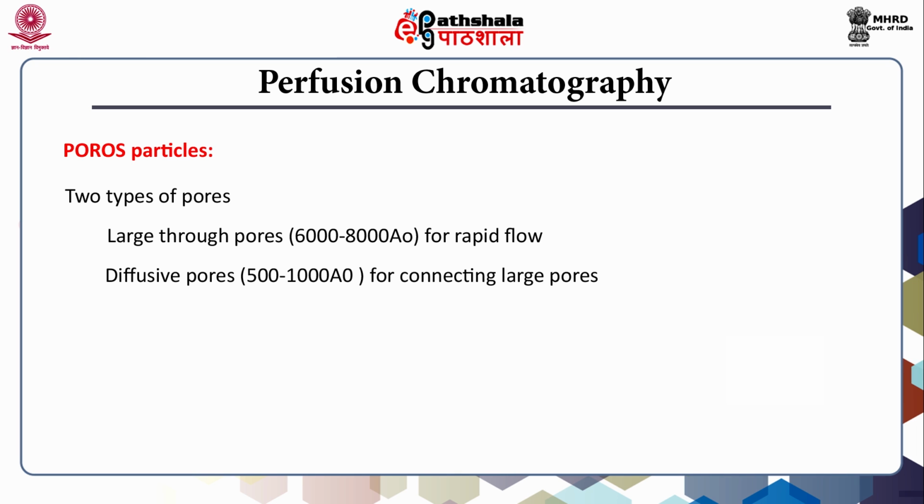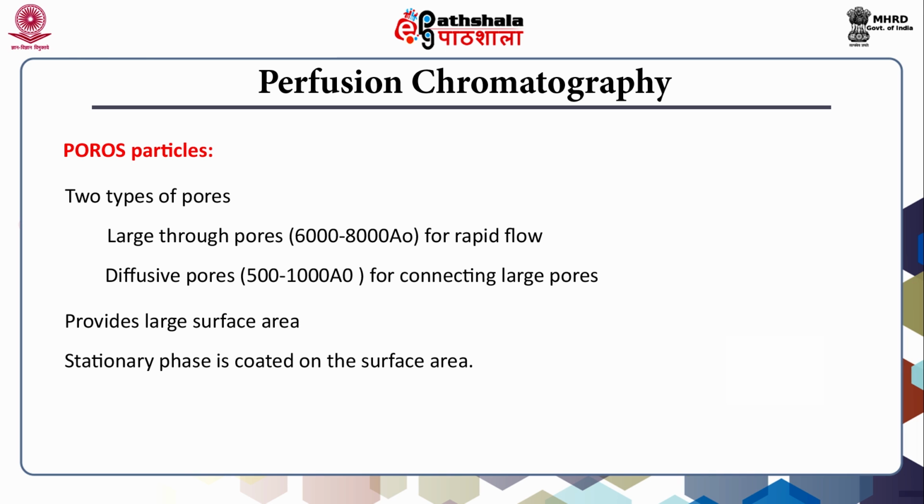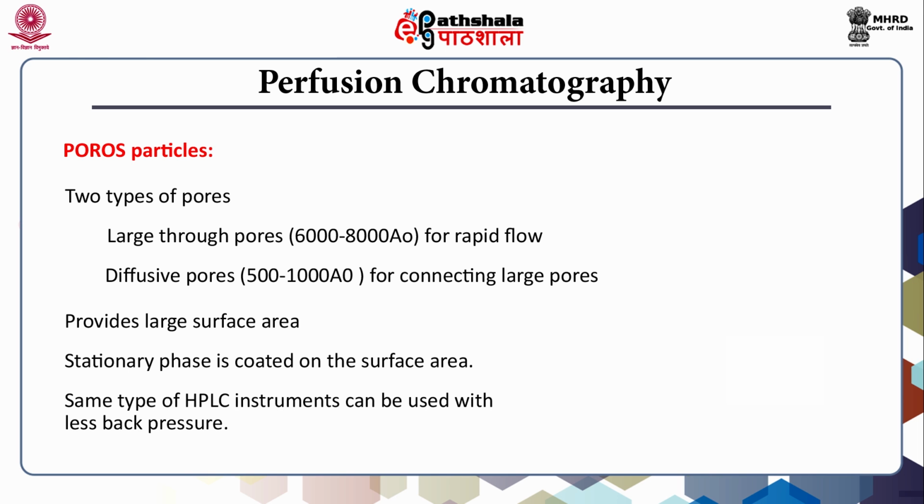This is very important because mathematically we can prove, in the coming slides, that there is no effect of flow rate on the theoretical plates. These pores provide large surface area and the stationary phase is coated on that surface area, and the same type of HPLC instruments can be used with less back pressure that we discussed just now.